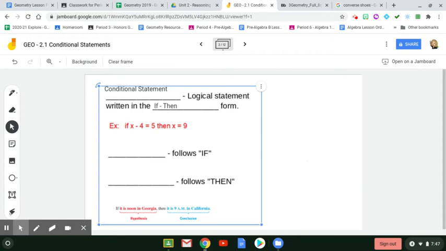The if part actually has a special name. It's called a hypothesis. And the ending part, the part that follows the word then, so like in this example, the x equals 9 part, is called the conclusion.